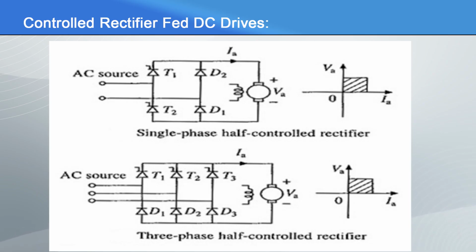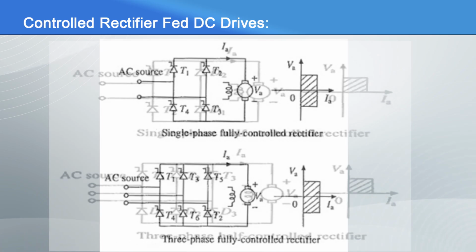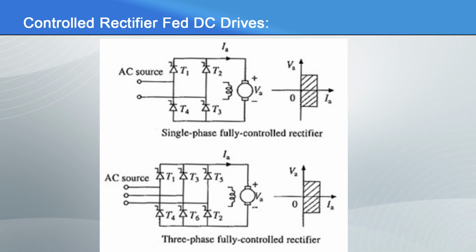1-quadrant operation is possible with the half controlled converter as it contains diodes in several positions. The figure shows commonly used controlled rectifier fed DC drives and the quadrants in which they can operate on the Va and Ia plane, as thyristors are capable of conducting current only in one direction. All these rectifiers are capable of providing current only in one direction. The fully controlled converter is capable of 2-quadrant operation.